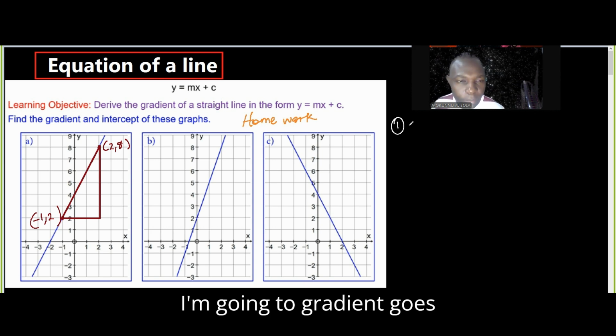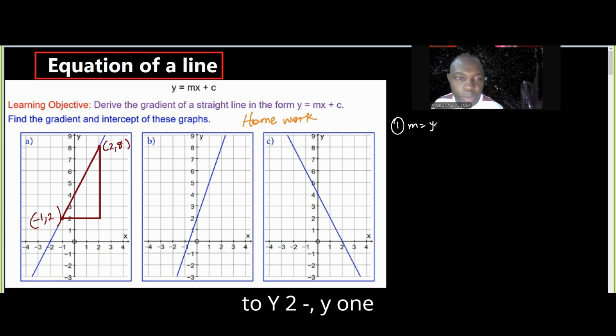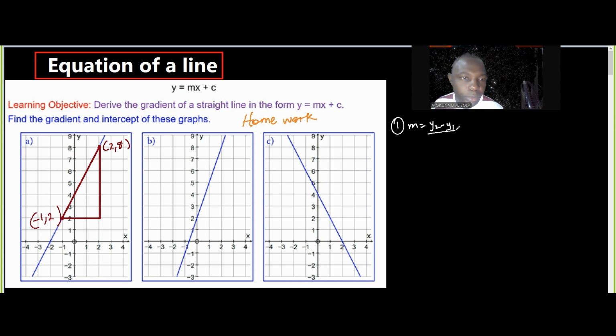I'm going to have gradient equals y2 minus y1 over x2 minus x1.